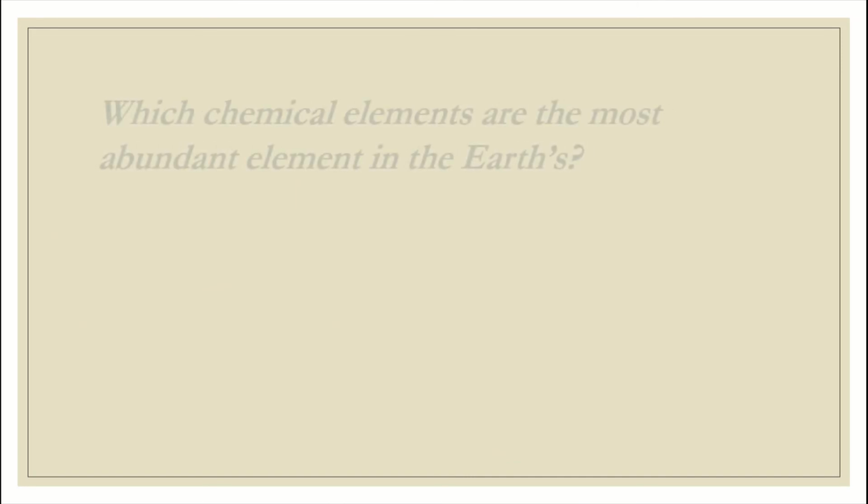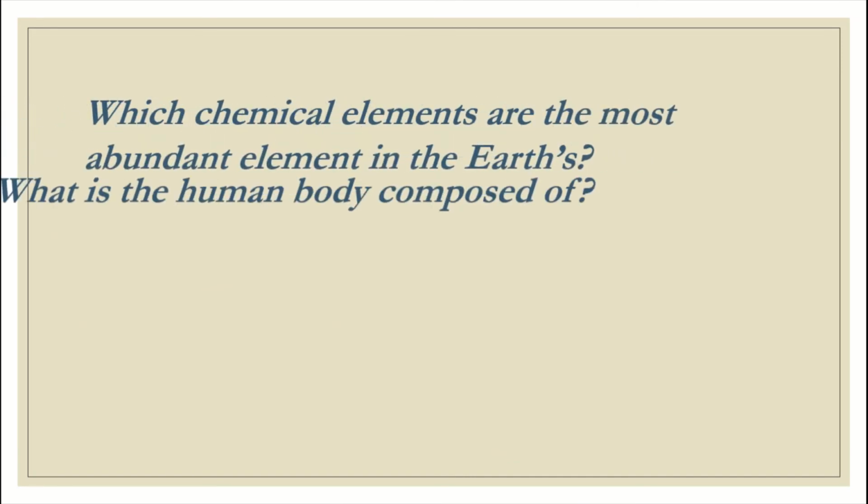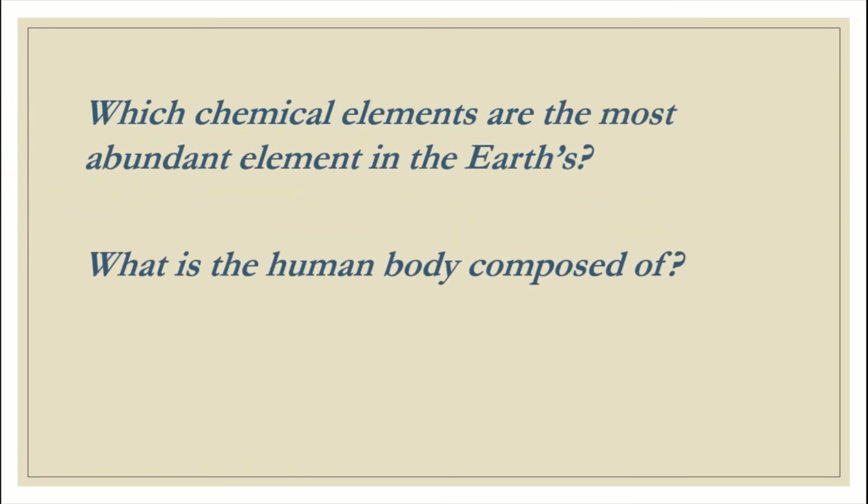Okay, so that's it. Now for the last one, I have two questions. Which chemical element do you think is the most abundant on Earth? I really hope you can answer me face to face. Of course, the most abundant element on Earth is oxygen.